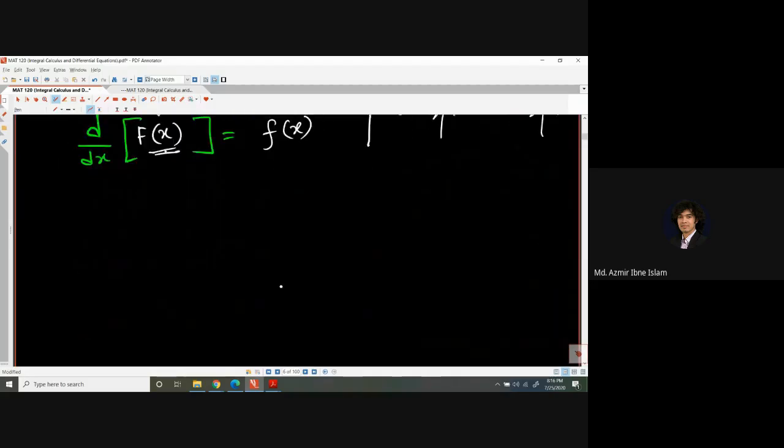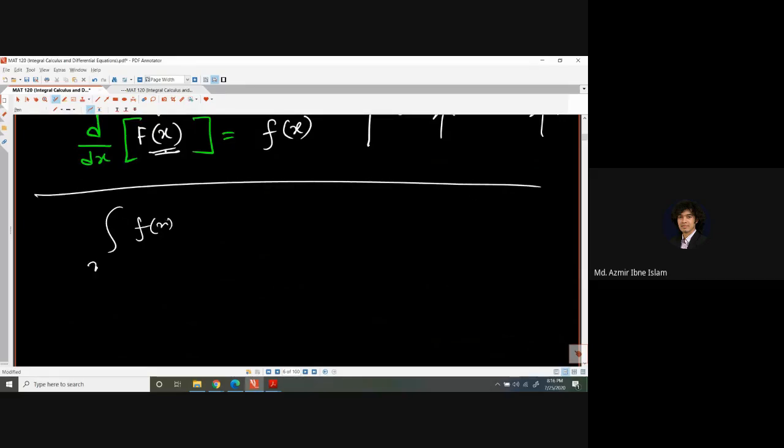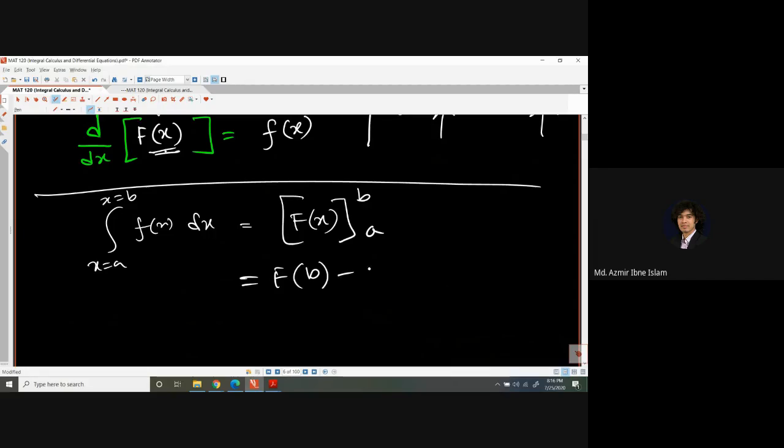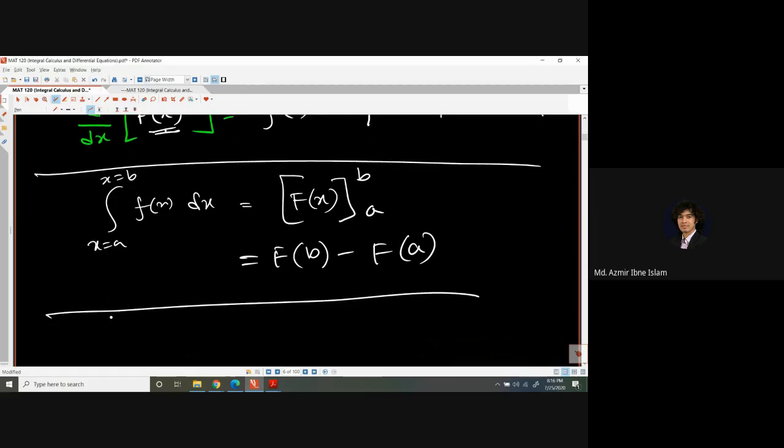In summary, if a function is continuous from x equal to a to x equal to b, and we are going to find the area, we will get the antiderivative. The antiderivative at the upper limit minus the antiderivative at the lower limit is called the fundamental theorem of calculus.